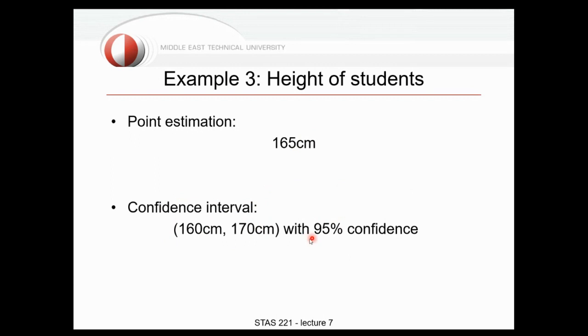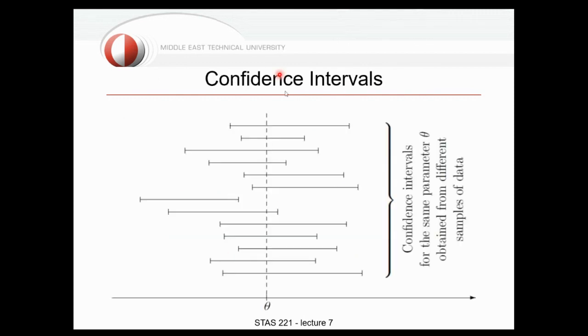So for 95% of cases, the population parameter, which is 167, if I know that information, falls inside my interval. As you can see, I can construct different intervals for the same parameter. And in one case, maybe you see it gets out of the range. So theta is outside the interval that I predicted, even for a 95% confidence level. So it means that 5% of the time I may make a mistake.